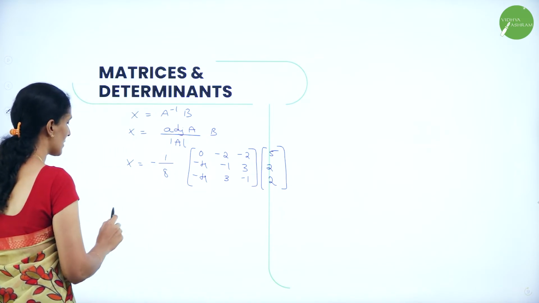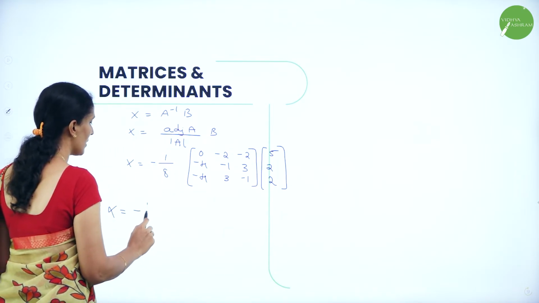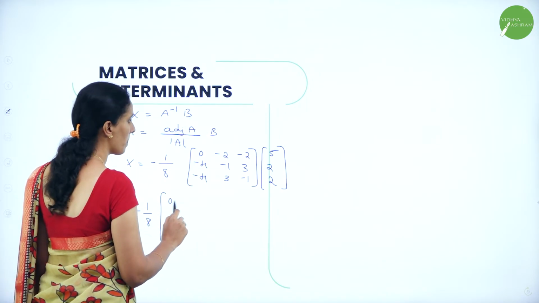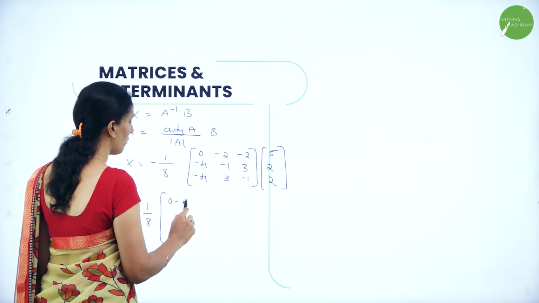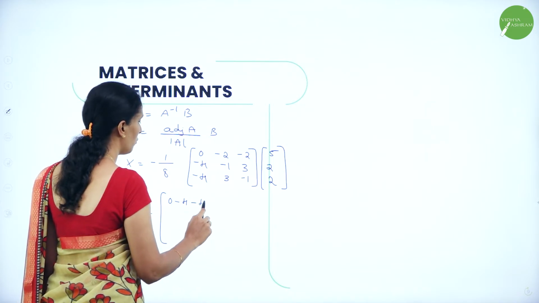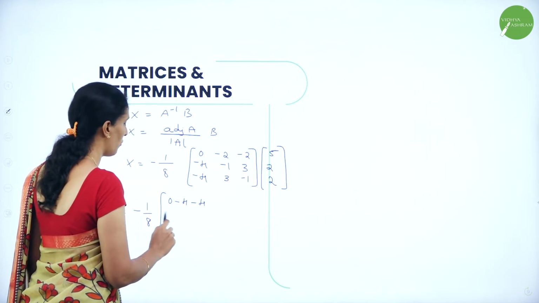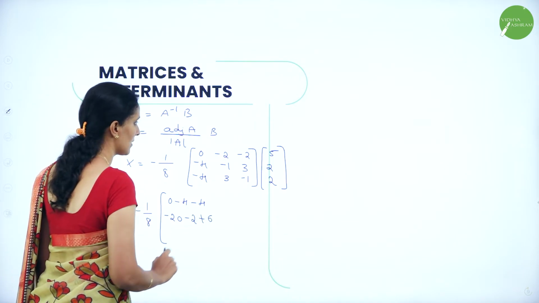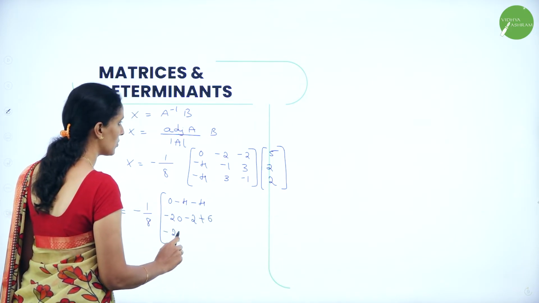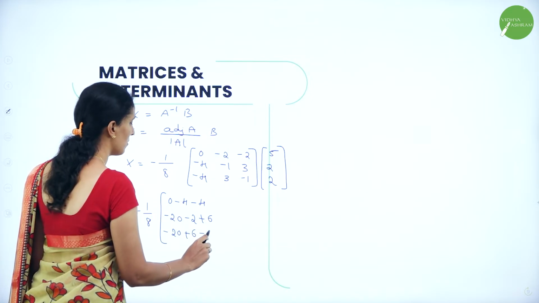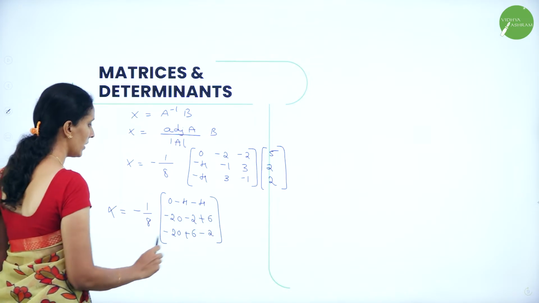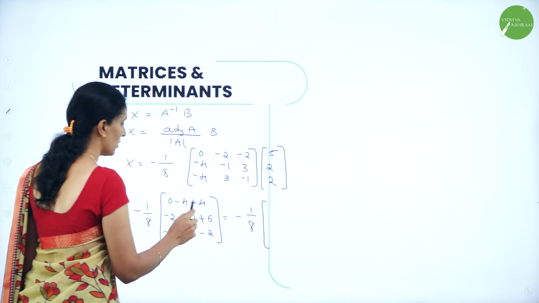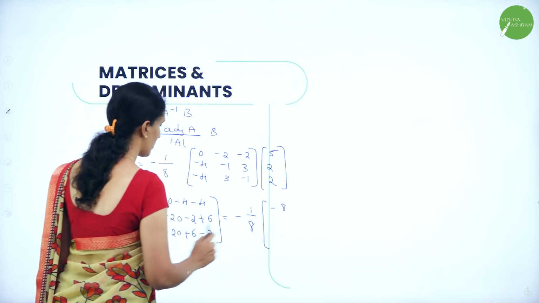Now x is equal to minus 1 by 8. Let us multiply. So we have 0, minus 2 2s are 4, minus 2 into 2, 4. Next minus 4 5s are minus 20, minus 2 plus 6. Next we have again minus 20 plus 6 minus 2. So here solving we will get minus 1 by 8 into, so we have minus 8.